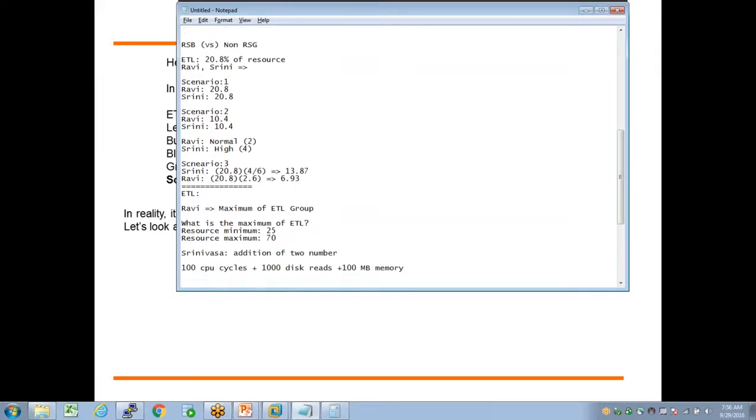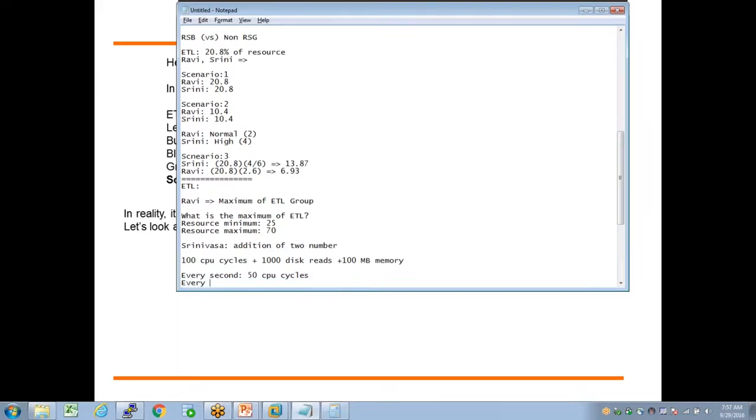If you are halfway through it, and every second I am giving you 50 CPU cycles, that means you just need 2 seconds. But after you complete 1 second, if someone comes and takes your priority, then every second you get only 10 CPU cycles. I think it might happen at a split second level. That's my guess. Beyond that, I don't know.